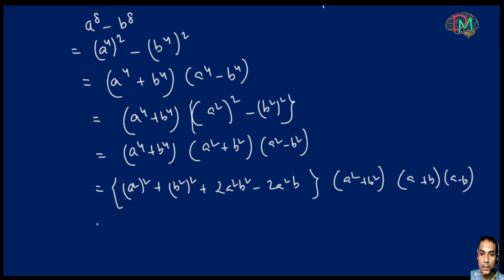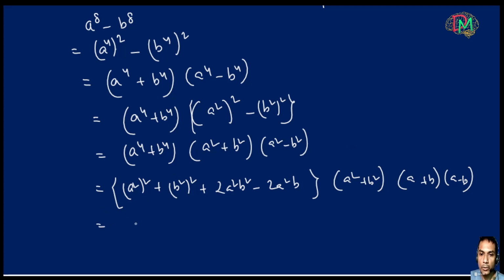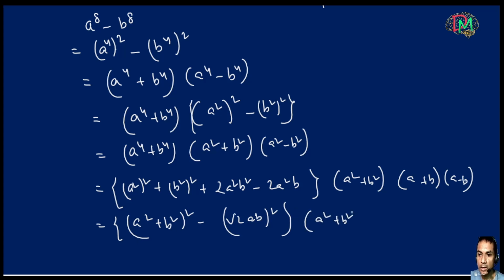Clear? Now here what we can do, this is a square plus 2ab plus b square, so a square plus b square whole square minus root 2 ab whole square. Okay, so look at this entire expression, it is a square minus b square, so a square plus b square and a plus b into a minus b. Clear?